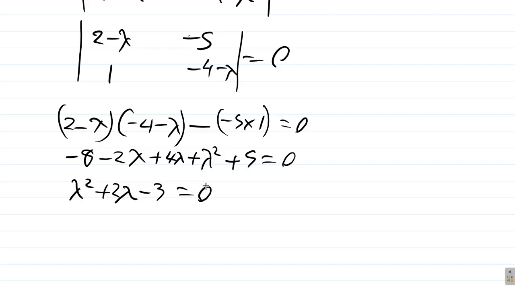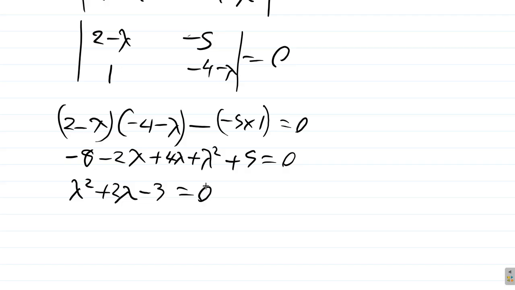If it can be factorized, then you factorize it. But if it can't, you solve it, whether by the quadratic formula, if you remember it, or by completing the square. You get the values. Alright?